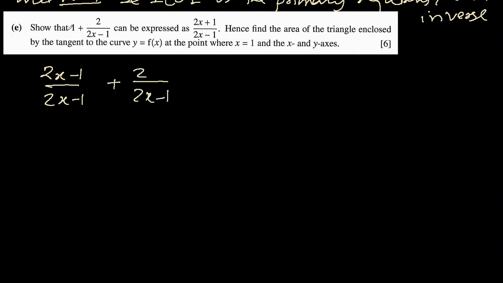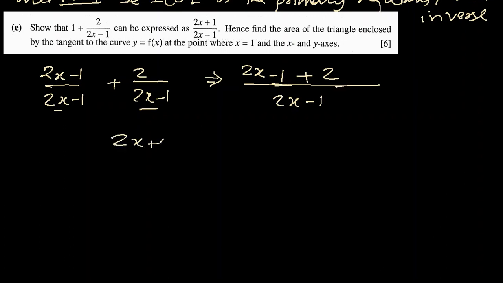This one is written, but 1 is written as this so that the denominators are same, and we can combine the two expressions to make one rational expression. So 2x minus 1 is the denominator, and numerator becomes 2x minus 1 plus 2, and 2x minus 1 plus 2 is 2x plus 1. So 2x plus 1 over 2x minus 1, we've shown this.